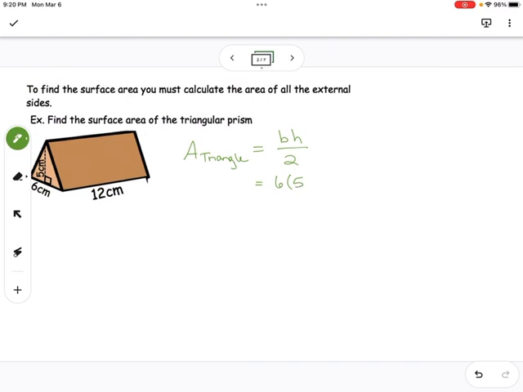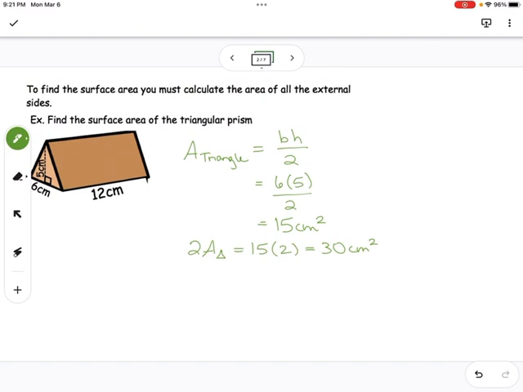The height of the triangle is 5 divided by 2. Is 15 centimeters squared. But there are actually 2 of the triangles. So we then need to multiply that by 2. So the triangles have us with 30 centimeters squared.